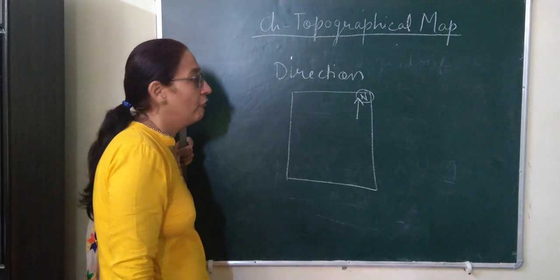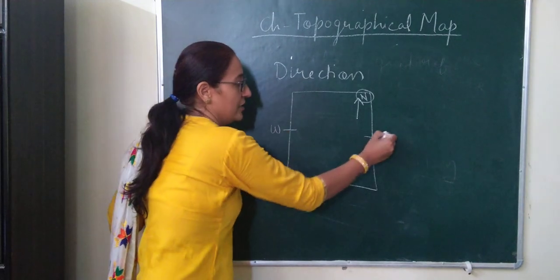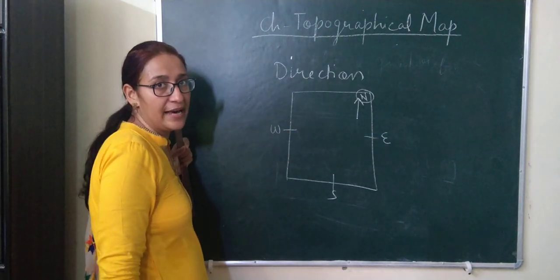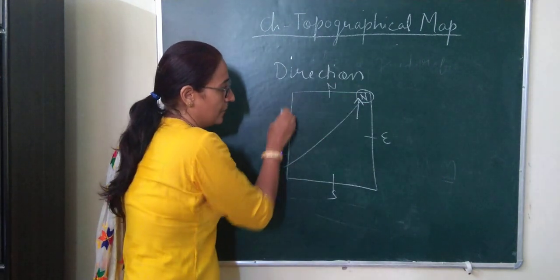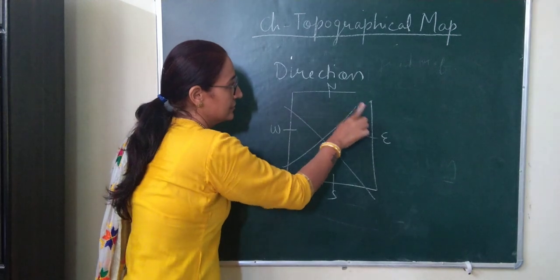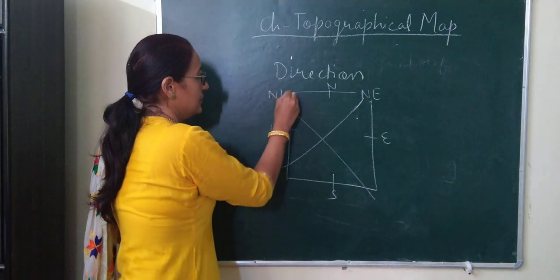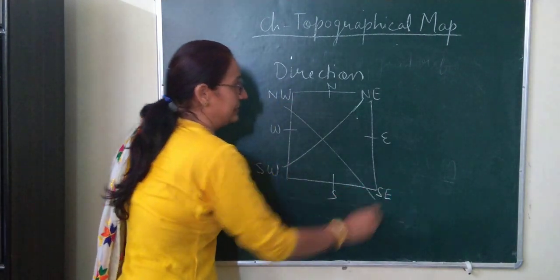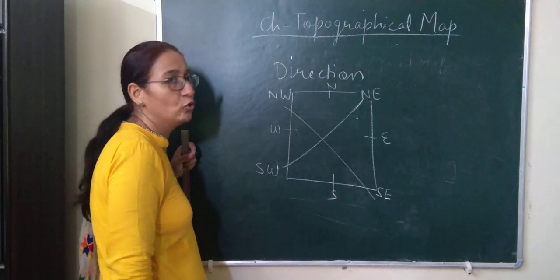If we know where north is, we can find the other directions, west, east and south. So there are 4 cardinal directions, and the intermediate directions are northeast, northwest, southwest and southeast.